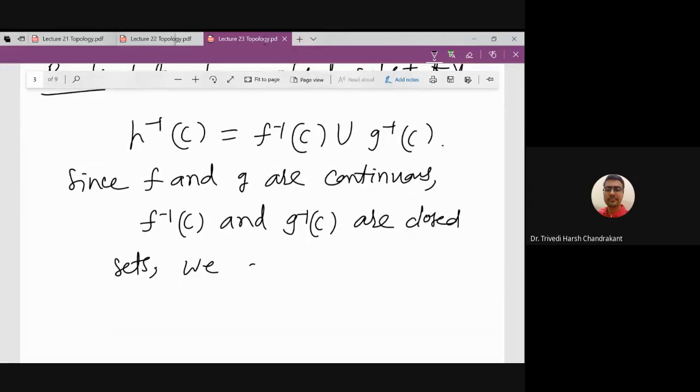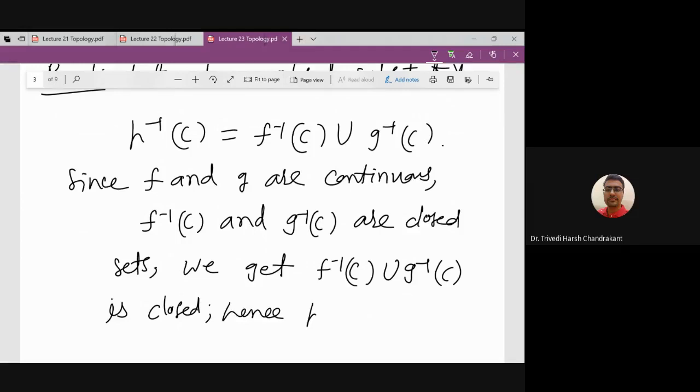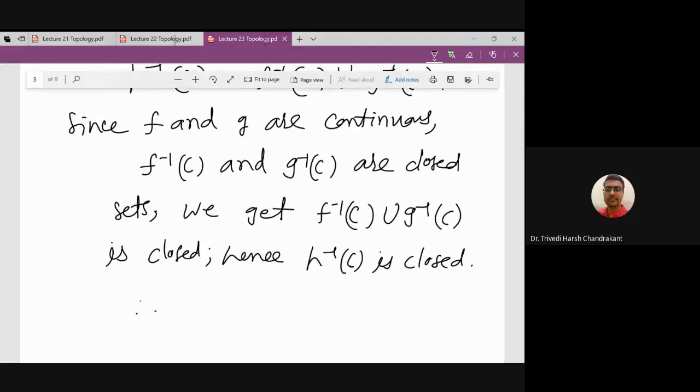Now we know the union of two closed sets is always closed. So F inverse C union G inverse C is closed, hence H inverse C is closed. Therefore H is continuous.